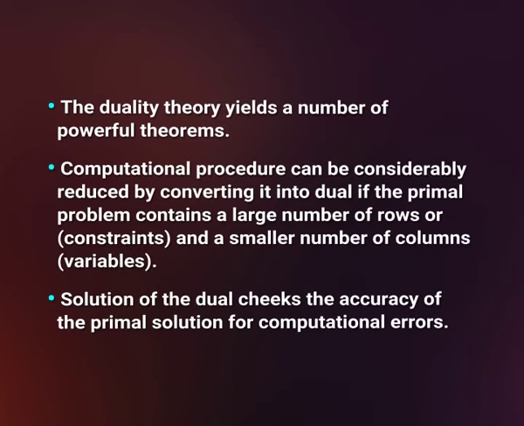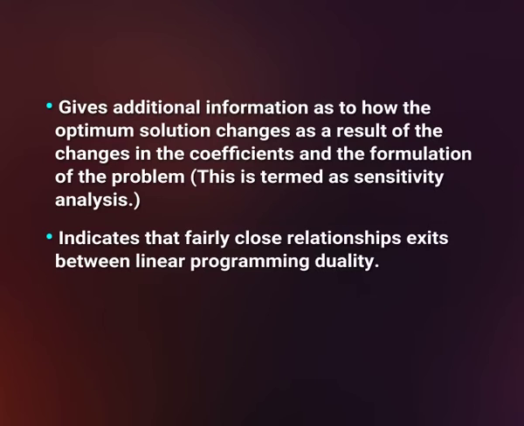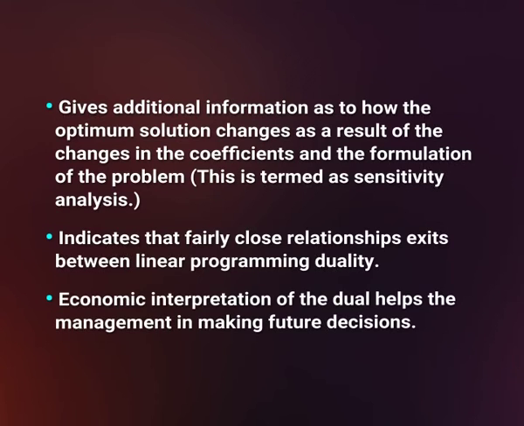Solution of the dual checks the accuracy of the primal solution for computational errors, gives additional information as to how the optimum solution changes as a result of the changes in the coefficients and the formulation of the problem. This is termed as sensitivity analysis. It indicates that a fairly close relationship exists between linear programming duality. Economic interpretation of the dual helps the management in making future decisions.